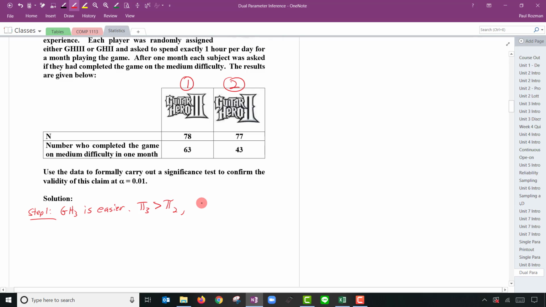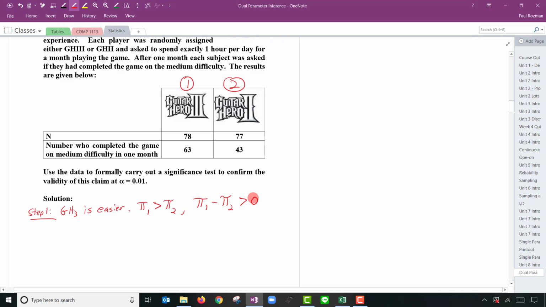I'm already maybe confusing the issue by saying Guitar Hero 3 and Guitar Hero 2. So I'm going to label them group 1 and group 2. So I could rewrite this as Guitar Hero 3 minus Guitar Hero 2 proportions is greater than 0.